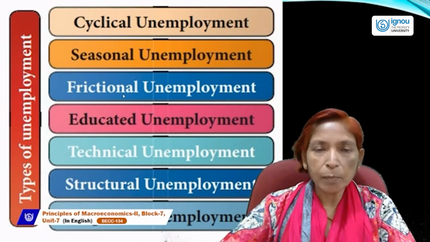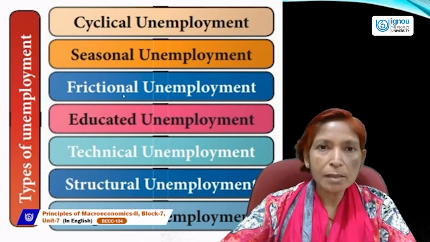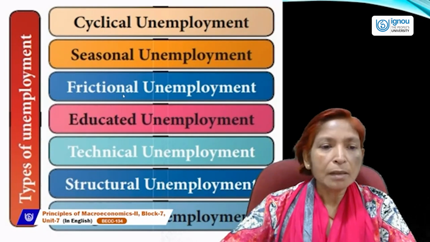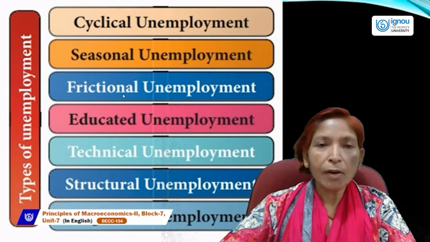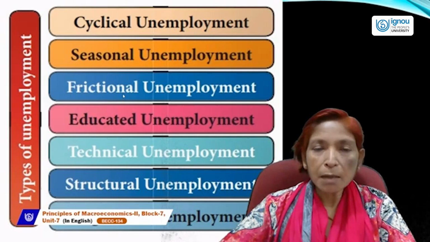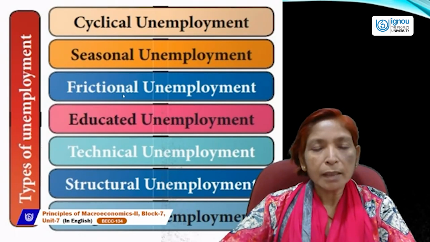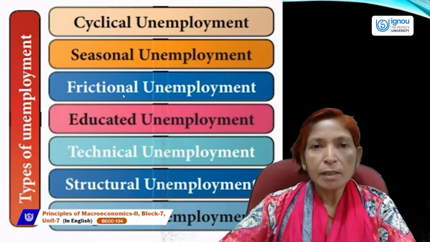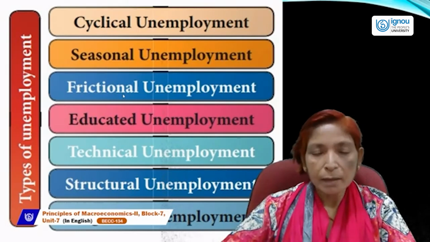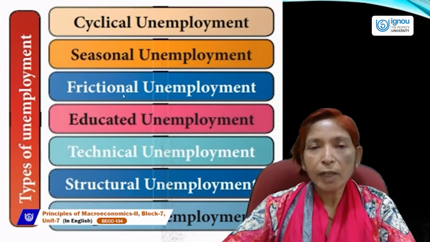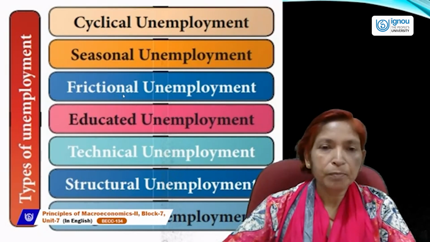So frictional unemployment mainly exists when a person is removed from one job and is searching for another job. The time lag between job leaving and job searching, the time period in which he remains unemployed, that situation is called frictional unemployment.